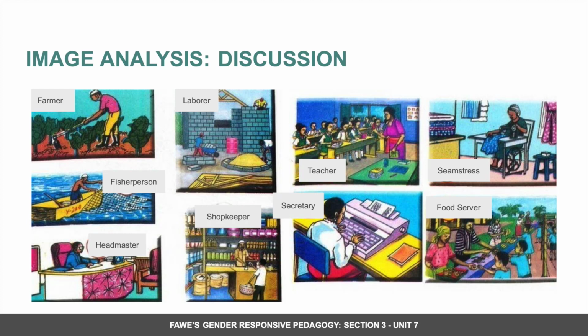Women are also shown doing stereotypical tasks. A school teacher, a seamstress, a secretary or typist, and a food server. However, both men and women are shown serving food, which provides a gender-responsive lens.